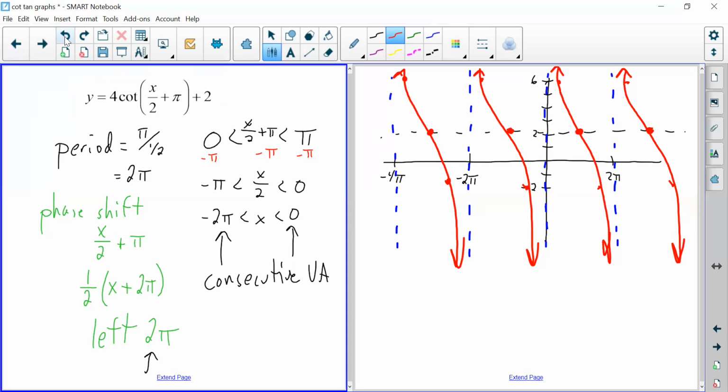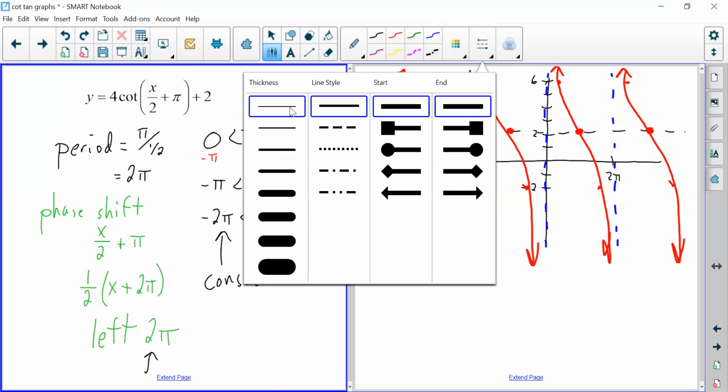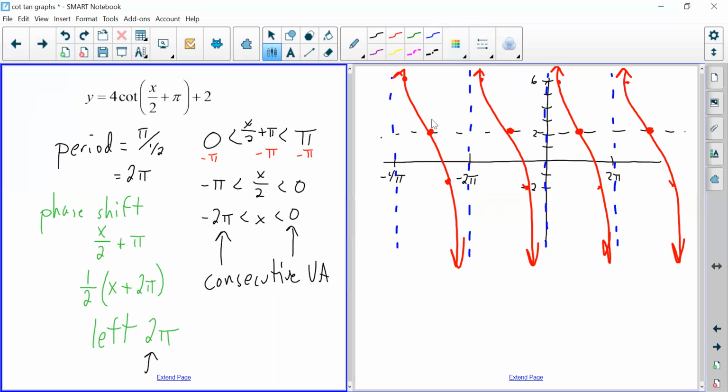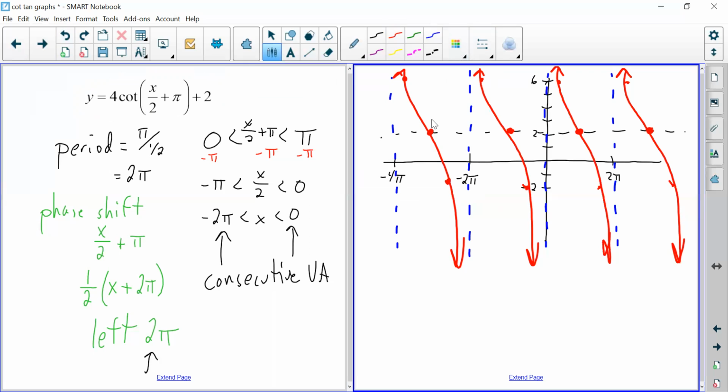Let's identify some key points. We'll identify the first 3 that I found, these 3. So that one way over to the left, well, this is negative 3 pi.